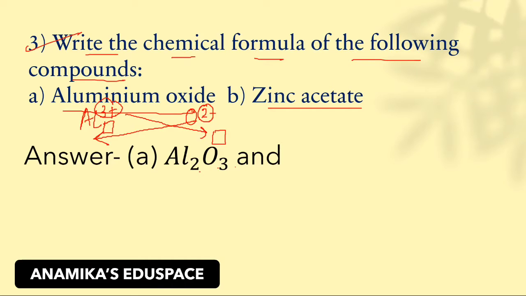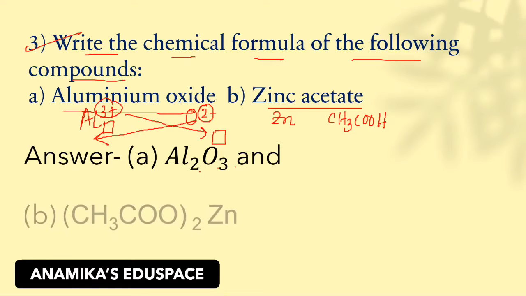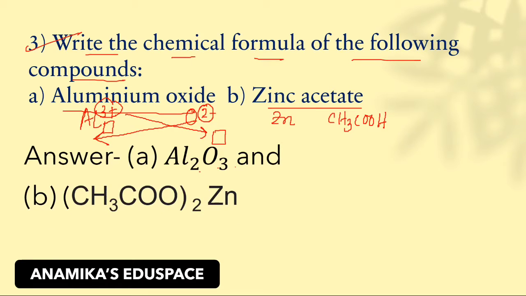That's why Al2O3. Similarly, in zinc acetate, Zn and acetate, that is CH3COO, the formula will be (CH3COO)2Zn, because here the hydrogen is going away and the zinc is taking the place of the hydrogen. Clear? Zinc is 2 plus, and CH3COO is minus.